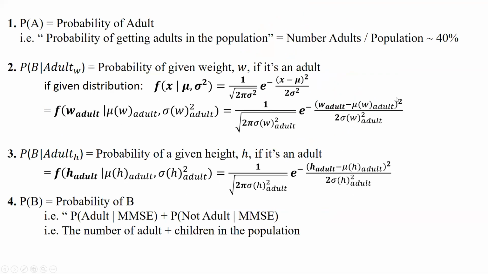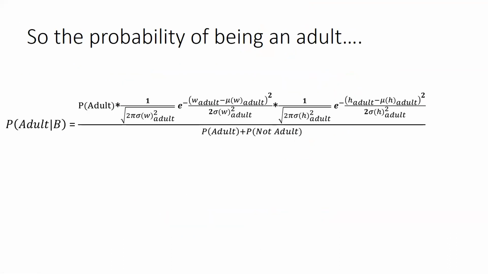We just plug these in. So, given weight or height, we can just plug in the various values and out pops our probability. So that's how you would include continuous variables in your calculation for a naive Bayes classifier. And the big picture is it becomes this.